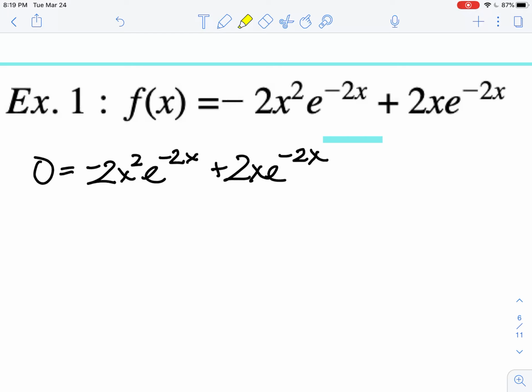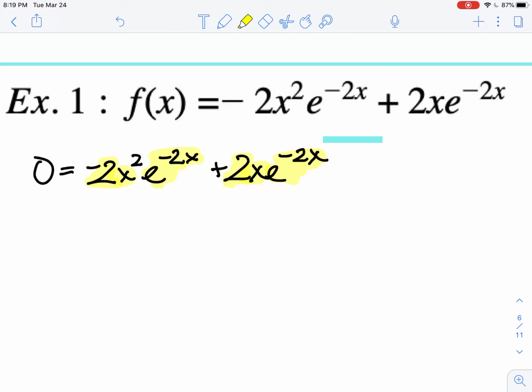And we're going to see if we can find any common factors between the first term and the second term. I notice that the first term has a 2, and so does the second term. I also notice that this one has an e to the 2x, and so does this one. And then I notice that this one has an x squared and this one has an x.